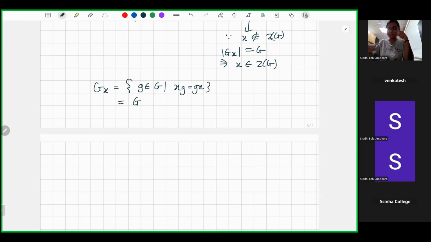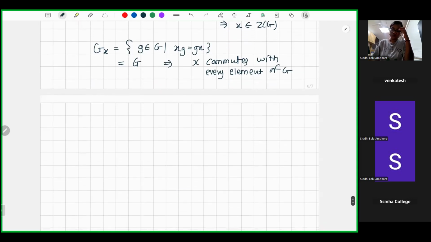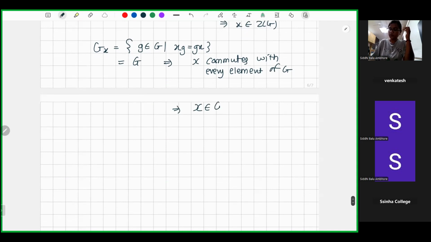If this is the whole G, it means x commutes with every element of G. So this will imply that x belongs to Z(G), right?